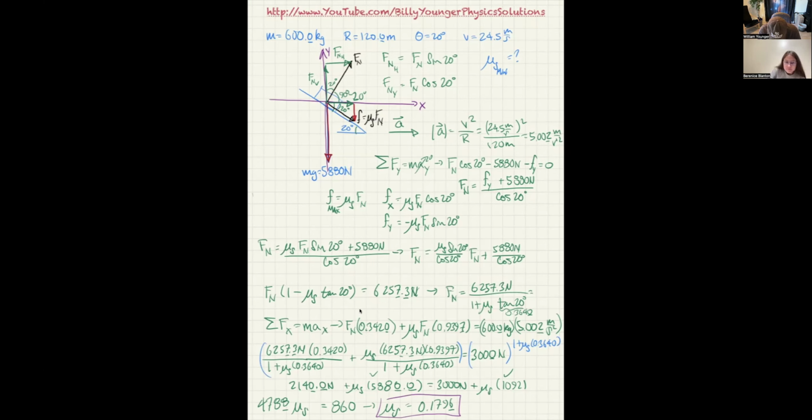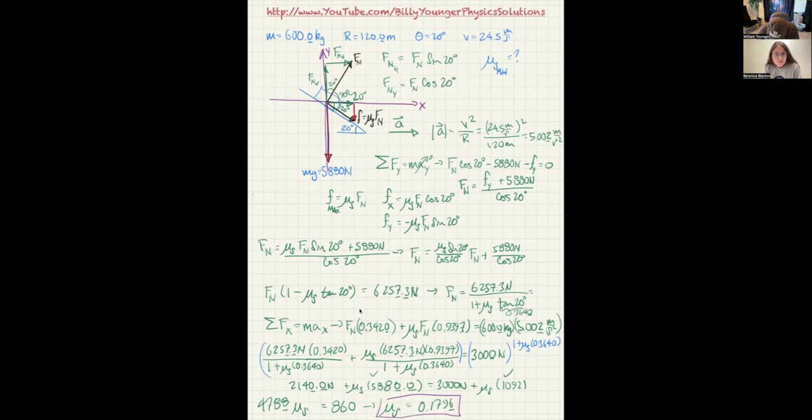When I did the summation of forces in the x direction, I got mu static times the normal force times the cosine of 20. So that checks that term. I also had the normal force times the sine of 20, which gives me the 0.3420 term. And then I had the 600 kilograms times 5.002. That should be the ma. So that all works out.